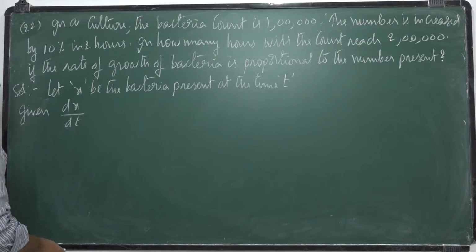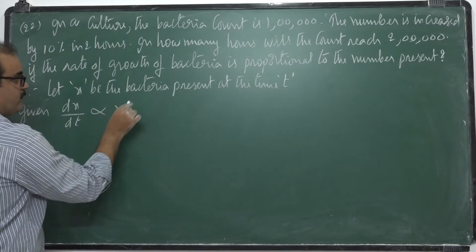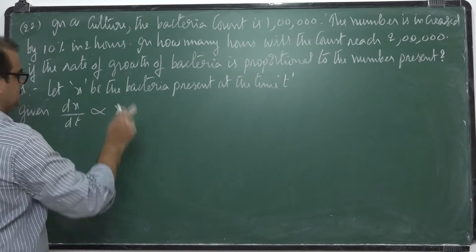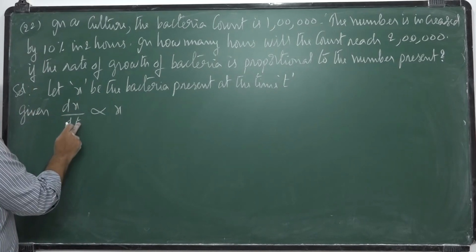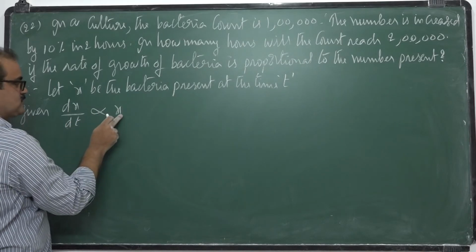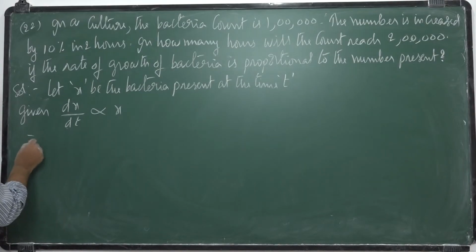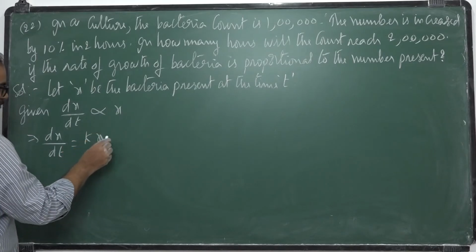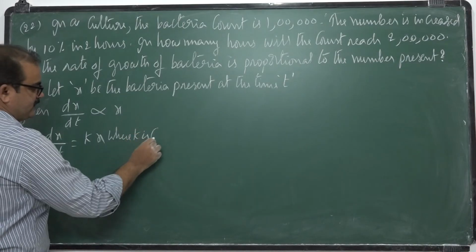It is directly proportional to the number of bacteria present, x. We take dx by dt is equal to k into x, where k is any constant.